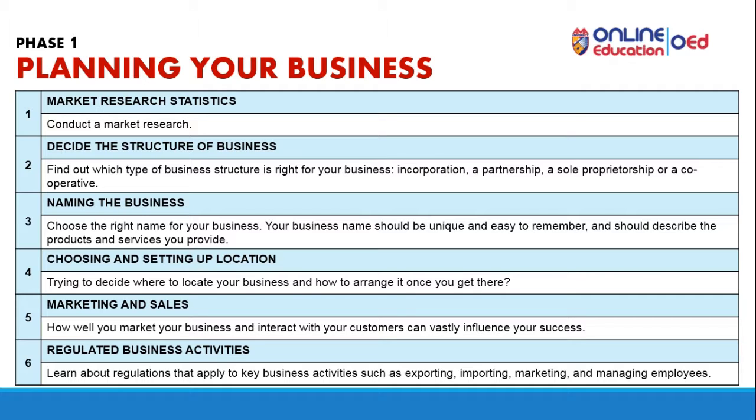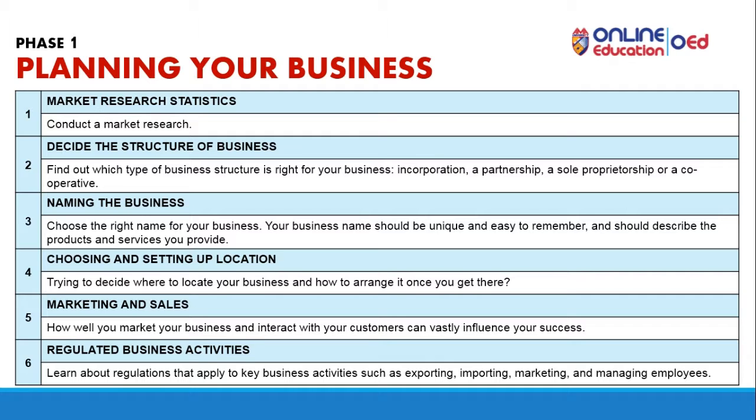Okay, so we have number two, decide the structure of the business. After conducting your research, you have to find out what type of business structure you would like to establish, whether it's a corporation, a partnership, a sole proprietorship, or a cooperative.